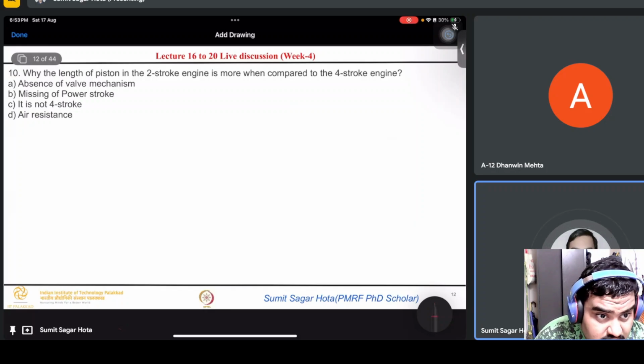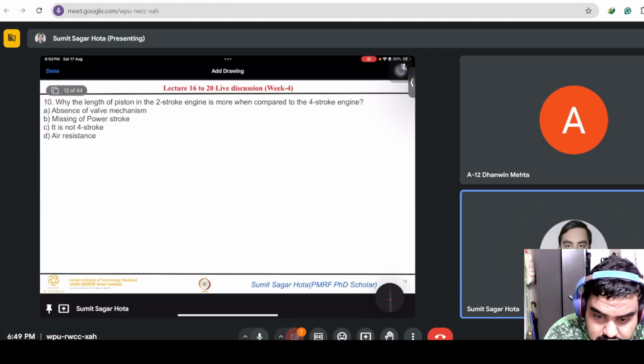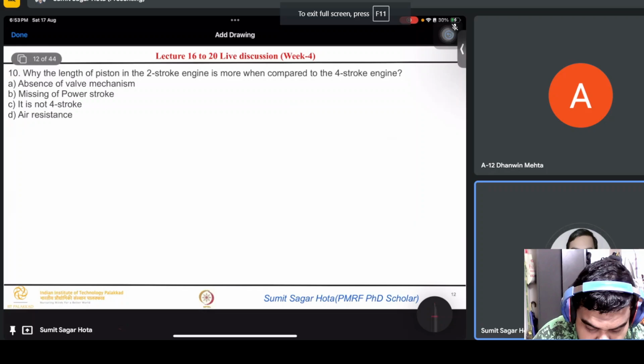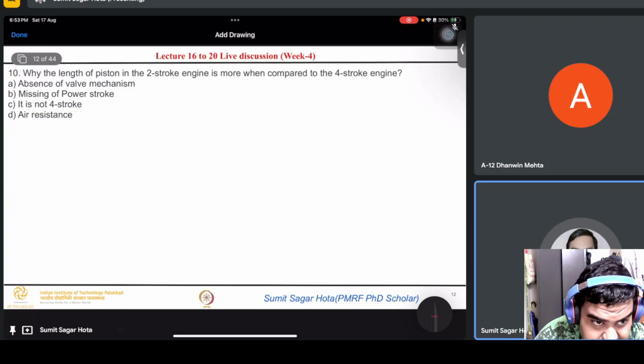Okay, next question. Why is the length of the piston in the two-stroke engine more compared to the four-stroke engine? Basically the answer is A. There is no valve mechanism in the two-stroke engine.